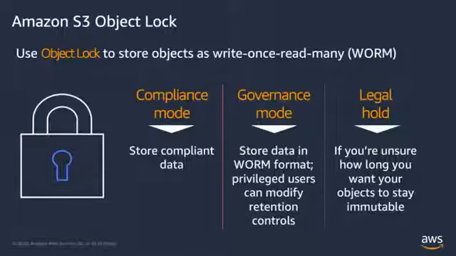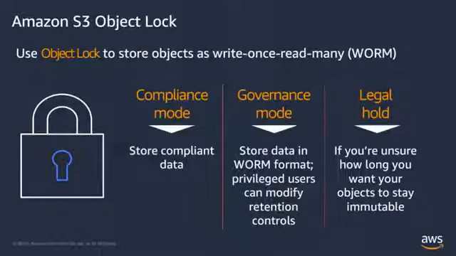You should use compliance mode if you have a requirement to store compliant data, and you should only use it if you never want any user, including the root user of your account, to be able to delete objects during the predefined retention period. Now, you can escalate from governance mode to compliance mode. So you may want to do that if you want to test out how your object lock is working, make sure you've got it set correctly, and then move to compliance mode if you have that requirement.